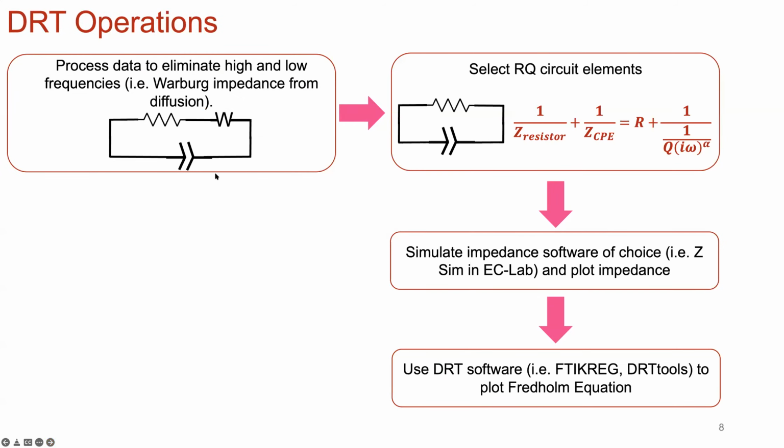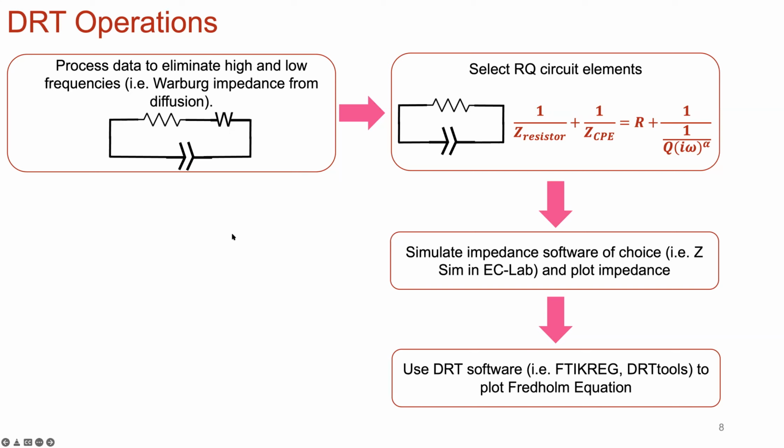So what's the downfall of this particular technique, well, I would say not the downfall, I take that back. I would say the limitation of this technique, and it has to be done with care, is that it is challenging when you have processes at the low end and at the high end, like diffusion through the material. So your Warburg impedance is going to need some processing.